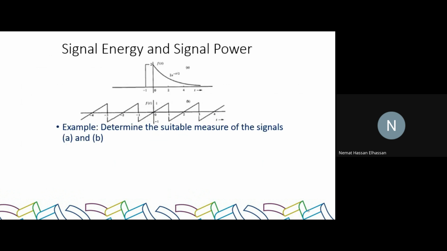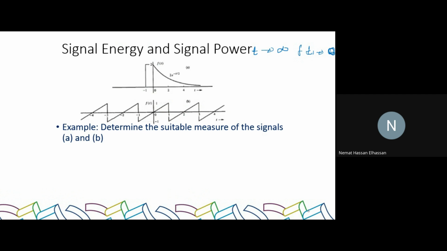Okay. So now we have two signals on display, signal A and signal B. The question is, what is the suitable measure for signal A and signal B? Let's start with A. Does it satisfy the condition that when t goes to infinity, f of t goes to 0?